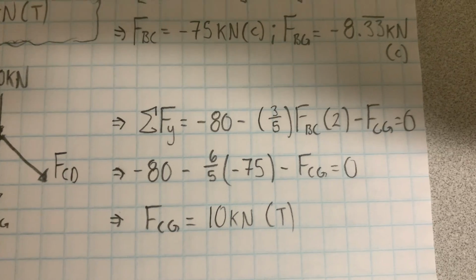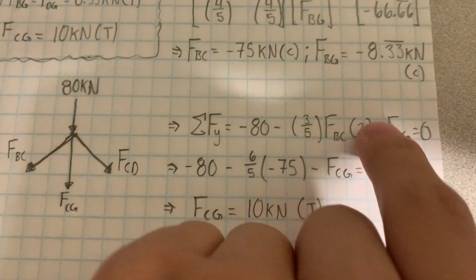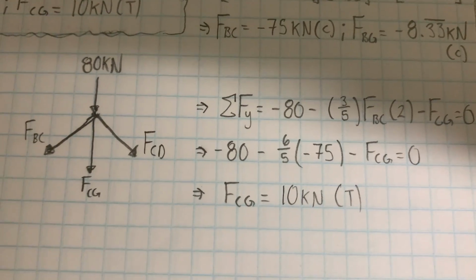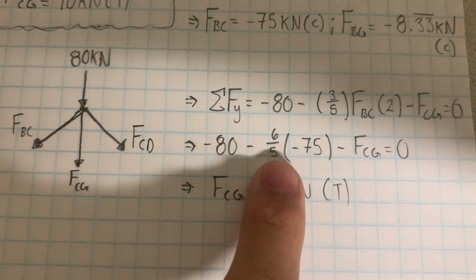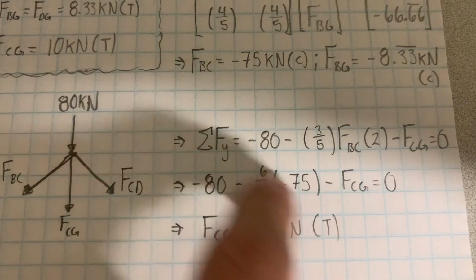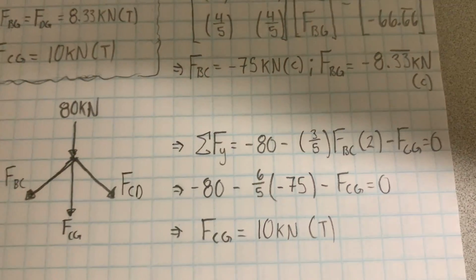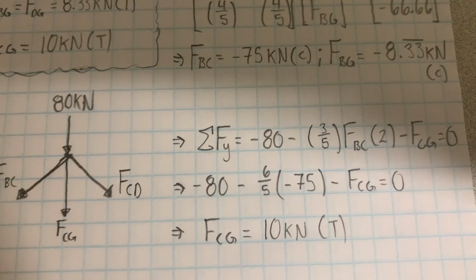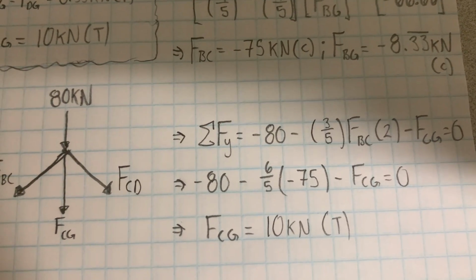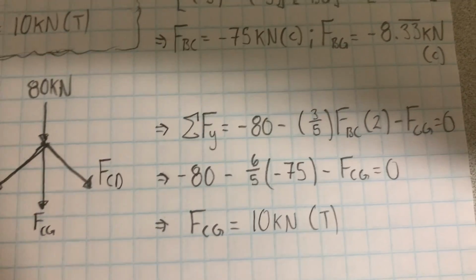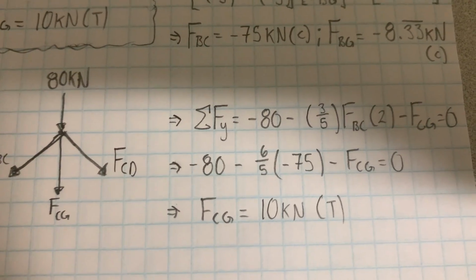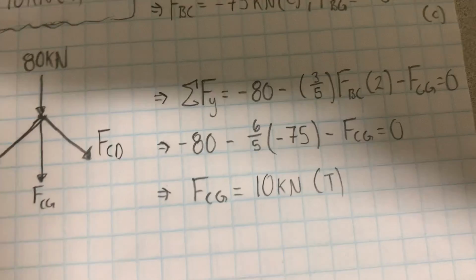So once we have that, we do minus FCG since, again, it is acting down, and we come up with this equation. Once again, using our answer from the previous section. So once we do that, we once again set it equal to 0 and solve for FCG. And when we do that, we find that FCG is equal to 10 kilonewtons, and since it's positive, we can say it is in tension.